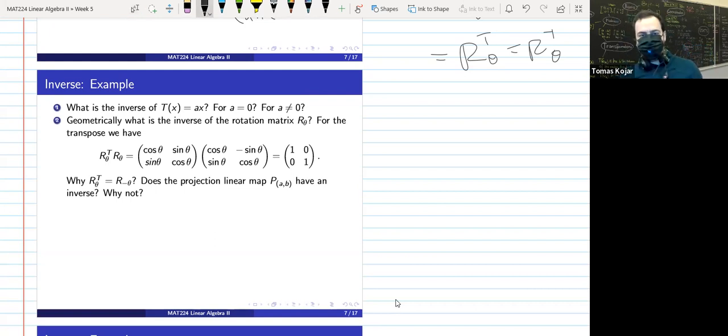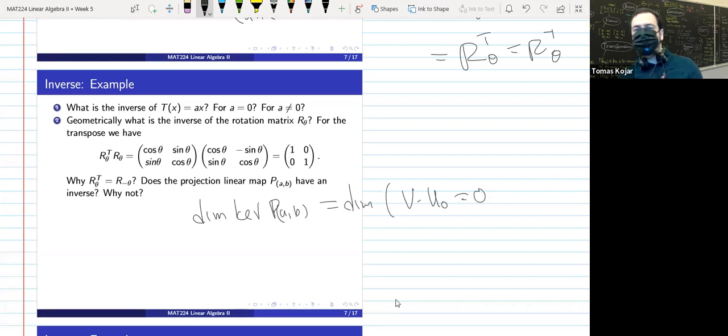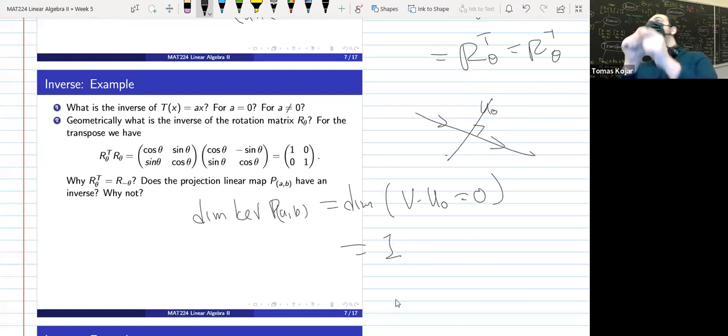Yeah, so the dimension of the kernel of P_AB is always the dimension of the ones that are orthogonal to it, which is always dimension 1. So you always have a one-dimensional object, so it's not injective, and you need injectivity. Why?